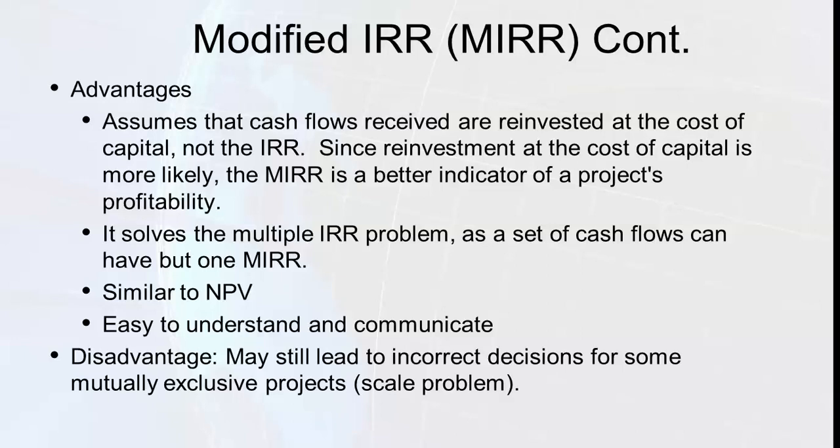Since reinvestment at the cost of capital is more likely, the MIRR is a better indicator of a project's profitability. MIRR also solves the multiple internal rate of return problem. So even if you have non-conventional cash flows, we still have only one MIRR.